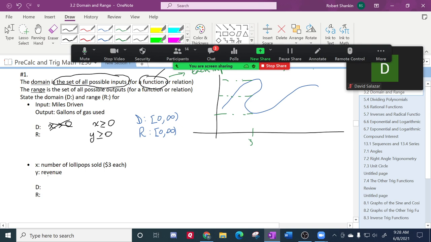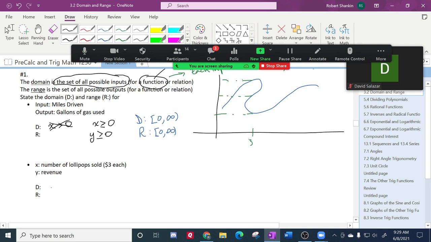That other part is what you call the cost, and revenue minus cost is what you call profit. But this is just how much money comes in from the sales. And you're correct, we cannot sell a negative number of lollipops. That doesn't make any sense.